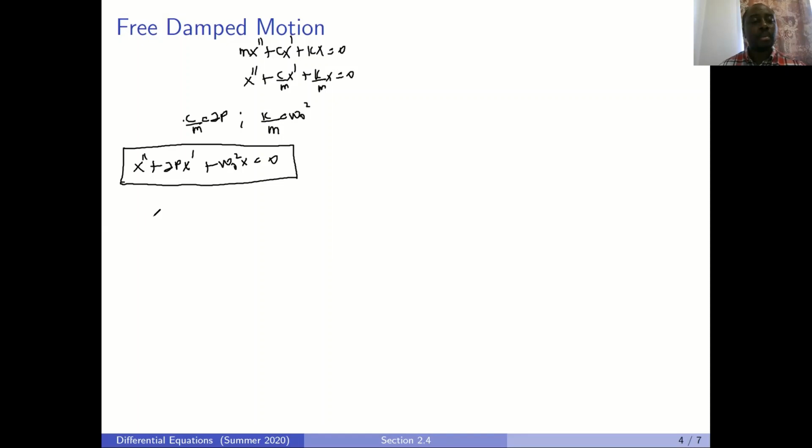All right, so if we derive the characteristic equation, it's going to be r squared plus 2pr plus w0 squared is equal to 0. And if we want to find the roots of this characteristic equation, it's going to be minus 2p plus or minus the square root of 4p squared minus 4w0 squared, divided by 2.